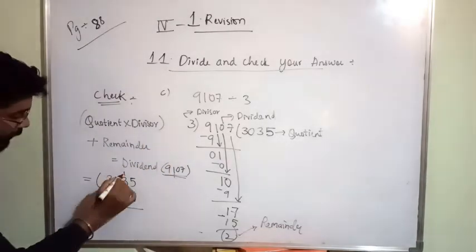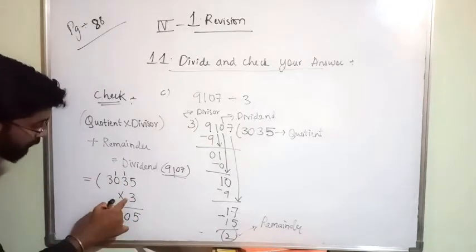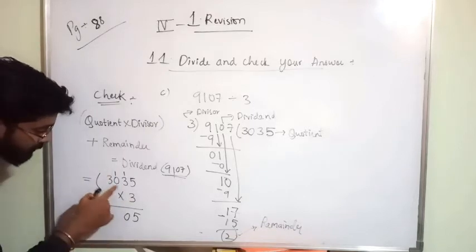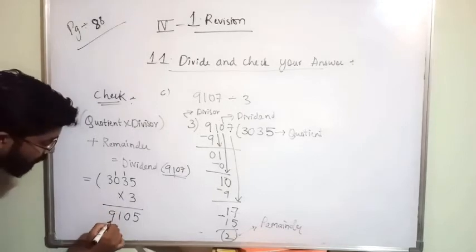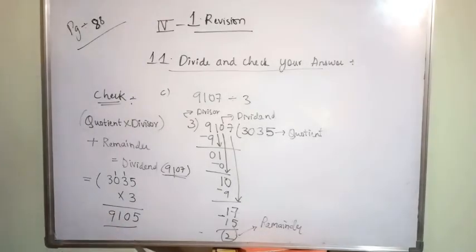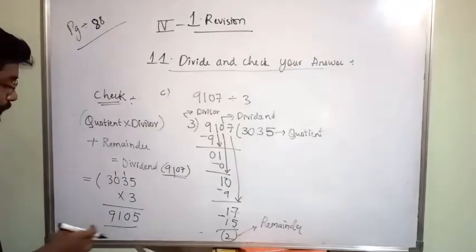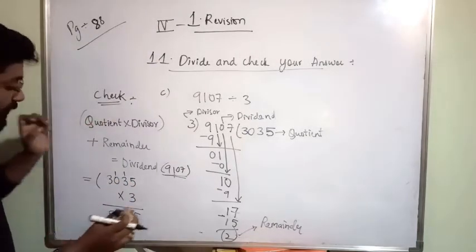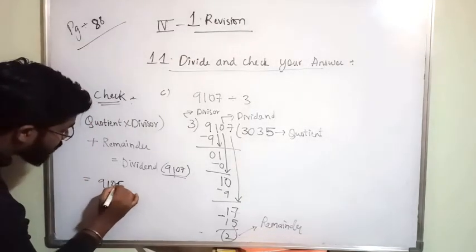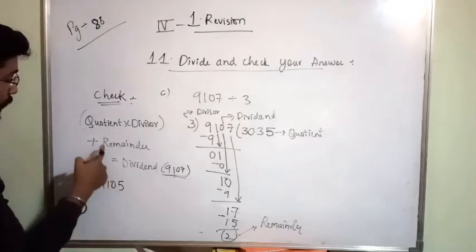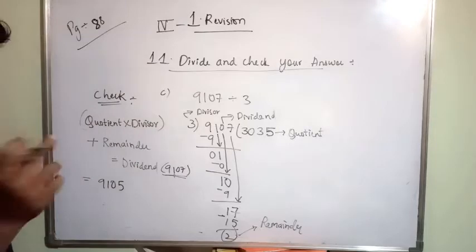3 5s are 15. 3 3s are 9 plus 1 is 10. 3 zeros are 0 plus 3 zeros are 0. 0 plus 1, 1 only. 3 3s are 9. You got 9105. So quotient into divisor, you got the product 9105.